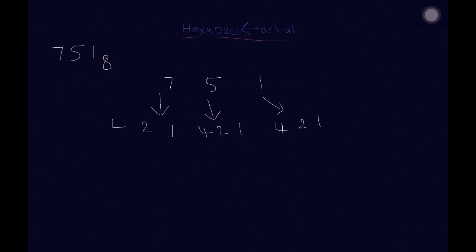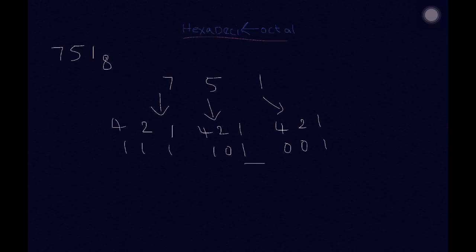Now I want to convert from octal to hexadecimal. As I have the number 751 to the base 8, I want to divide it into 3 parts. This is 1, 2, 4, 1, 2, 4, 1, 2, 4. Now 1, 0, 0. 4 plus 1, 5: 1, 0, 1. 4 plus 2 plus 1 equals 7: 1, 1, 1.